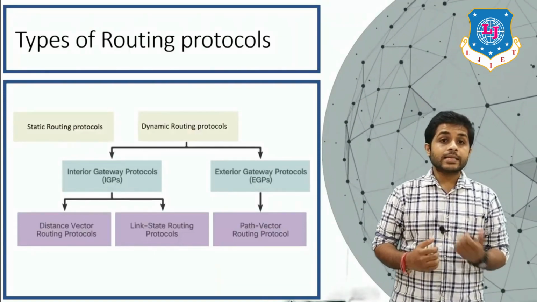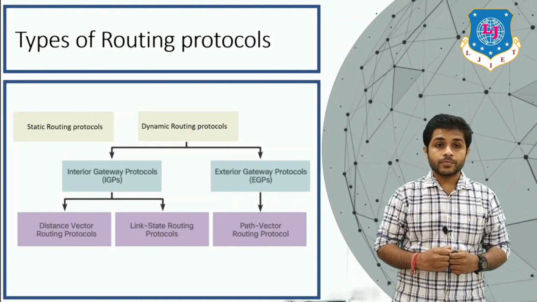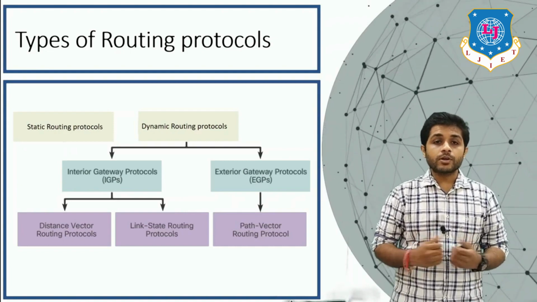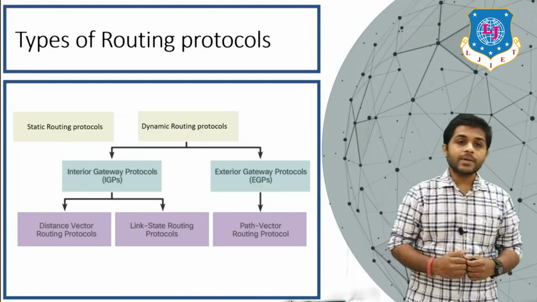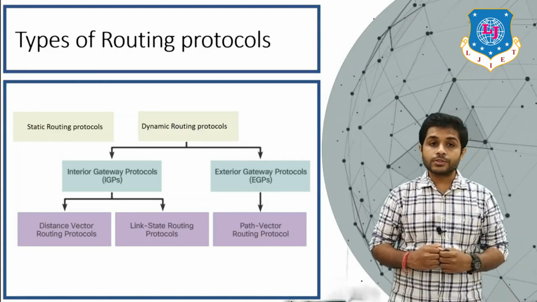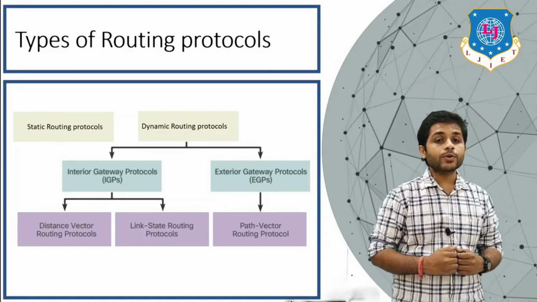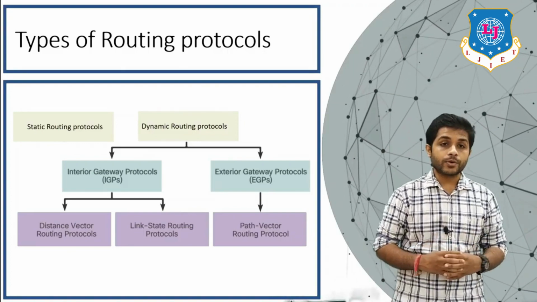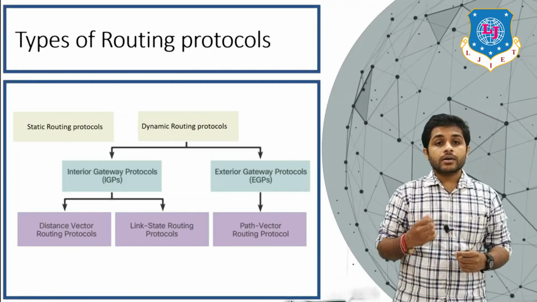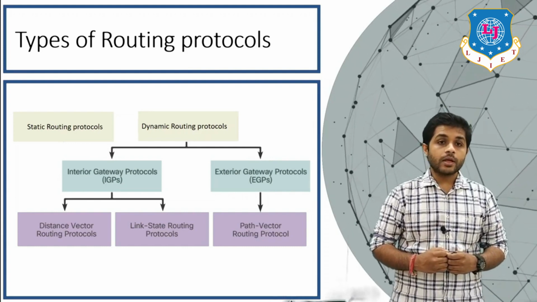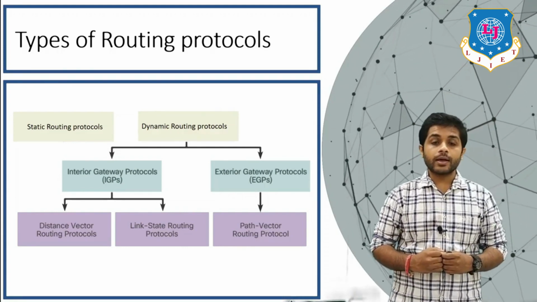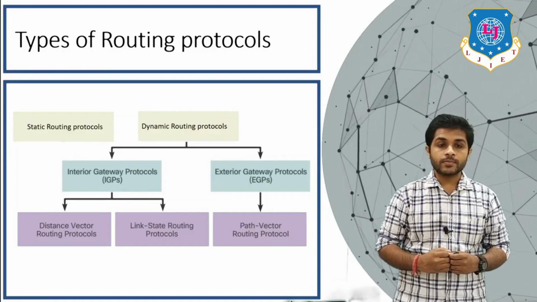Now let's see the types of routing protocols. Each and every router works on some routing protocols. There are mainly two types of routing protocols: the static routing protocol and the dynamic routing protocol. The dynamic routing protocol is divided into two types: interior gateway protocol and exterior gateway protocol.